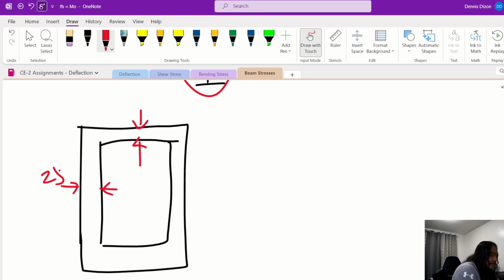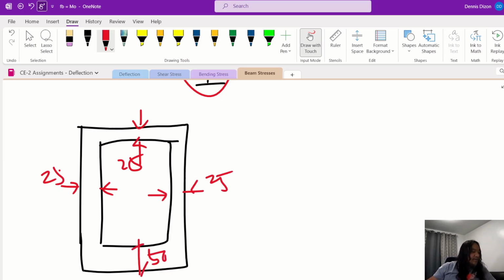This is 25. And then this is also 25. But this one is 50, because that's twice the thickness A.